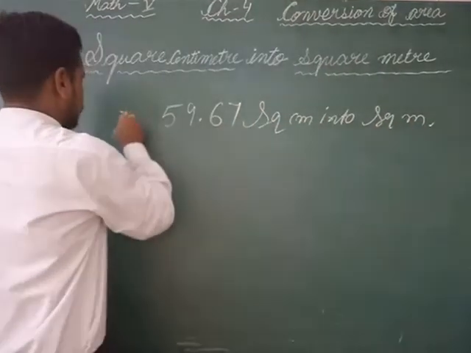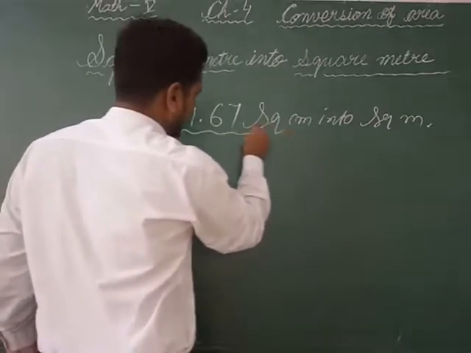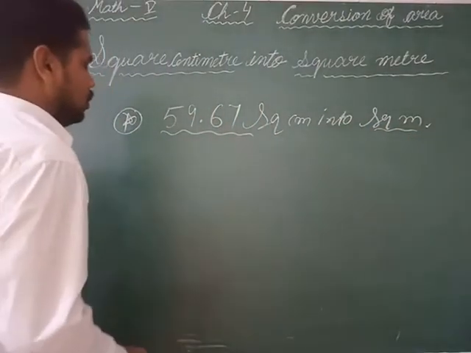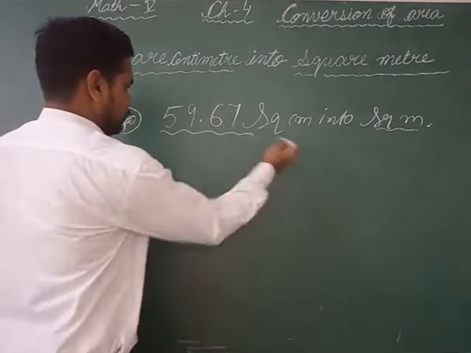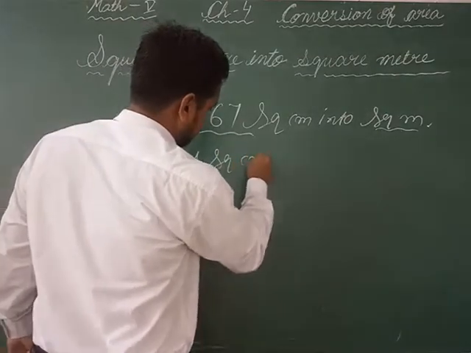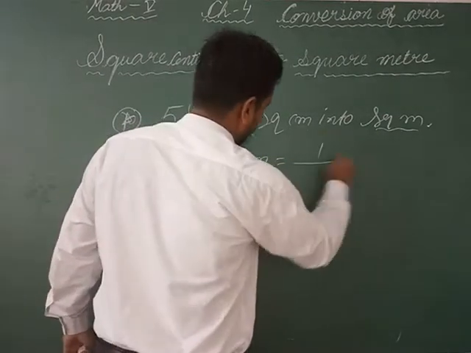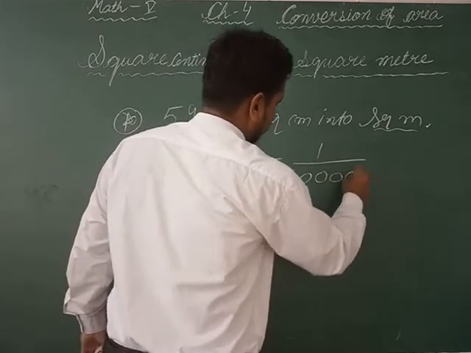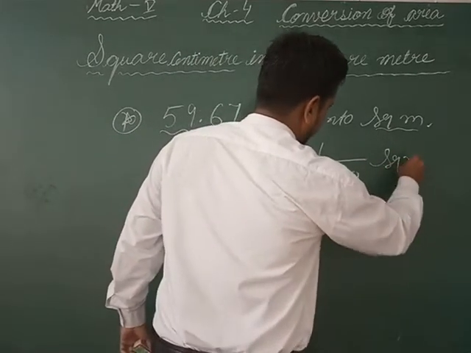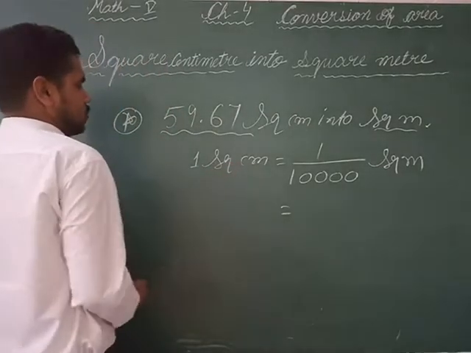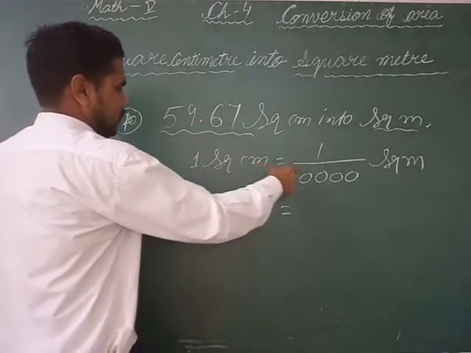This is the question, this is the number, this you have to convert into square meter. So as we know, 1 square centimeter is equal to 1 divided by 10,000 square meter, right? So for this centimeter we will multiply this.